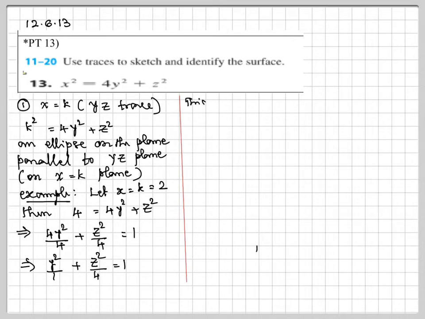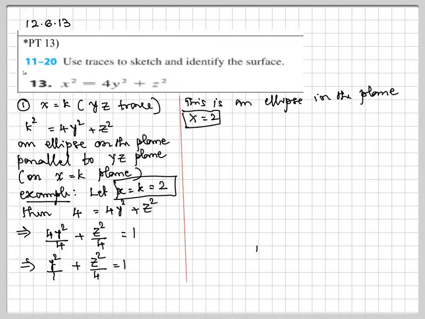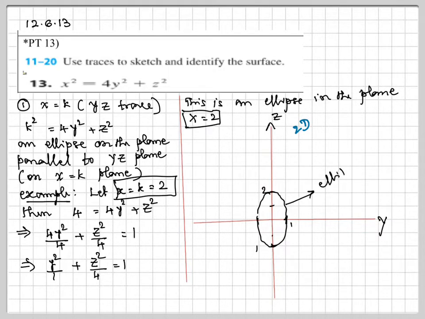So this is an ellipse in the plane x equals 2, which is a plane parallel to the yz plane. If we draw just a two-dimensional graph, where we consider only the yz axes as opposed to the xyz axes, this is a trace.